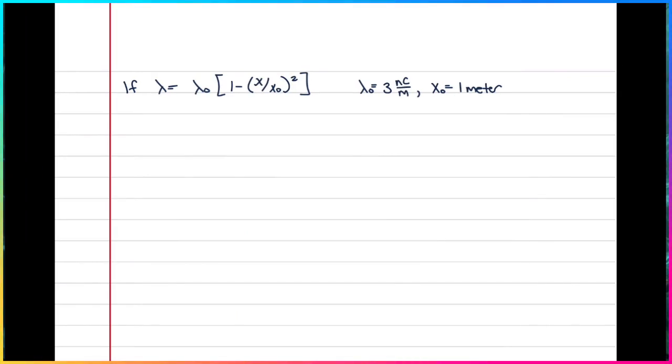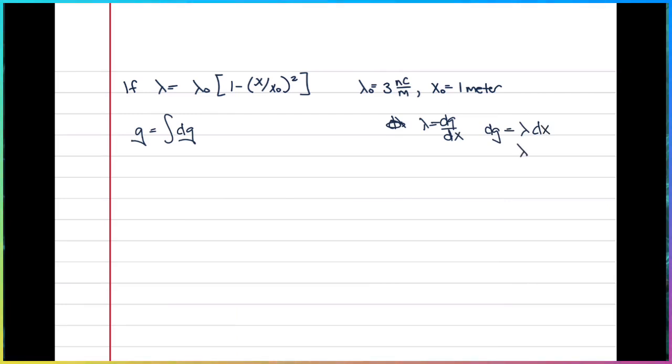All right, what about this one? Here the density is non-uniform, but my desire is I want to add up all the charge. So I'm going to do some integral of dq. But then I'm going to, again, use the fact that lambda is dq/dx. So dq is lambda dx.